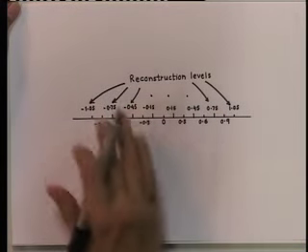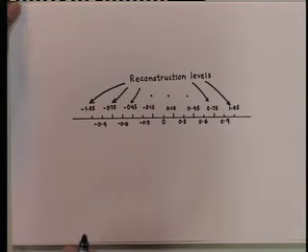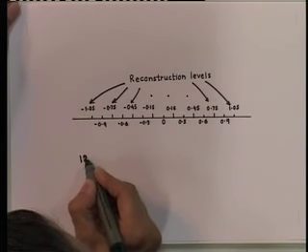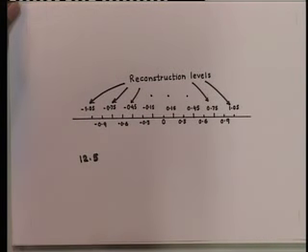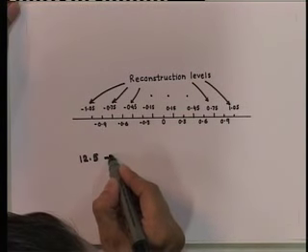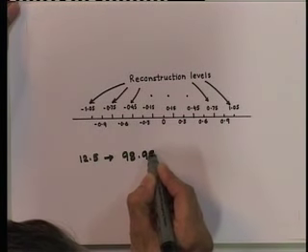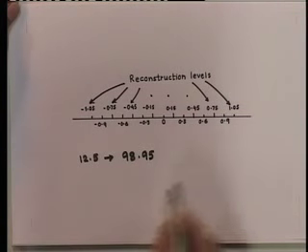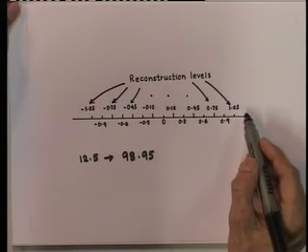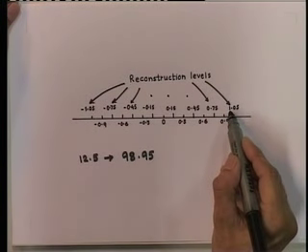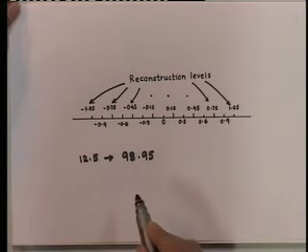In this case, the maximum quantization error goes from 12.5 to 98.95, that is when the input is plus 100 and the reconstruction level is 1.05.